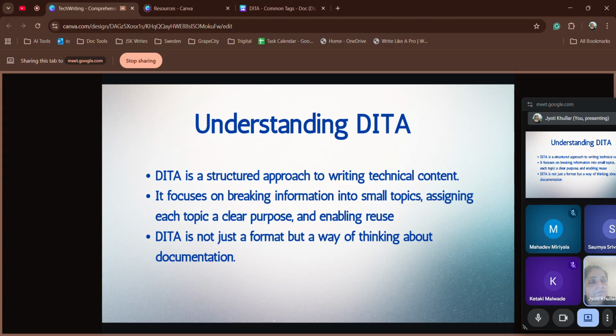Okay, so it should be an independent topic in itself. The information should be complete and small. It will answer only one purpose. It will have a clear purpose and it will only cater to that, so that when you want to place it, you can go and use that information somewhere else in the topic as well.